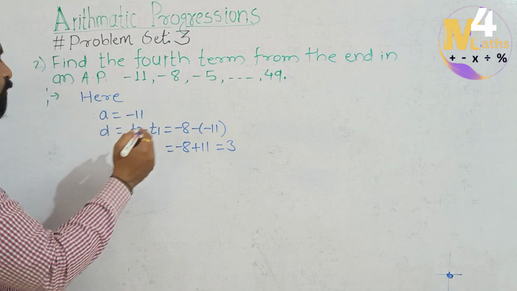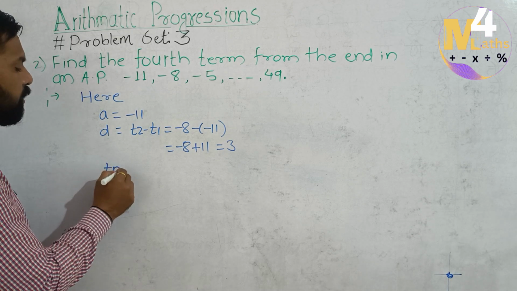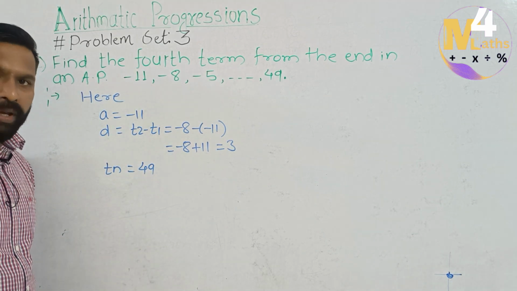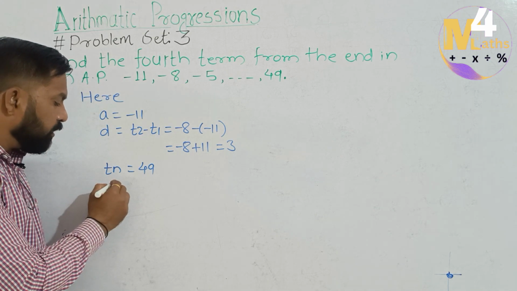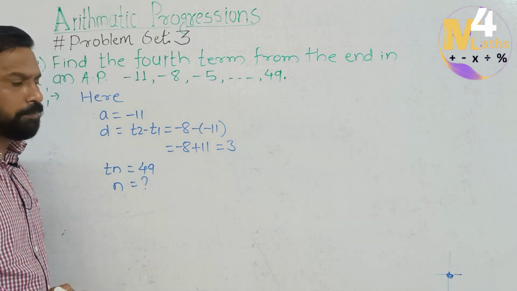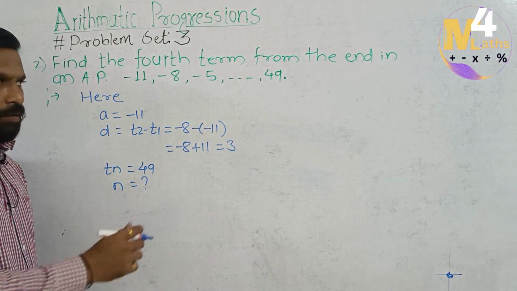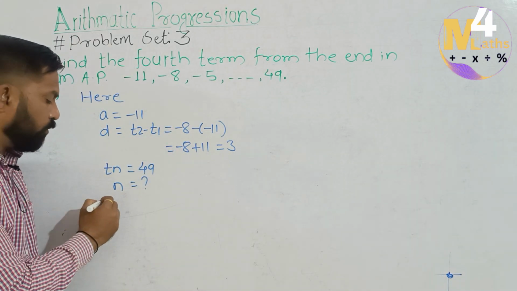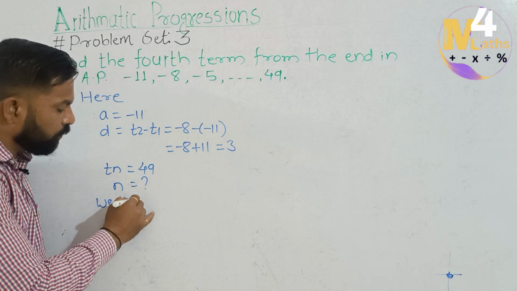Okay? What else is given? The last term we know, which is 49. What do we want to find? The position of that term. So we know what we know.